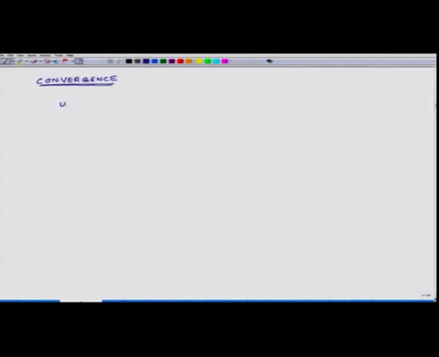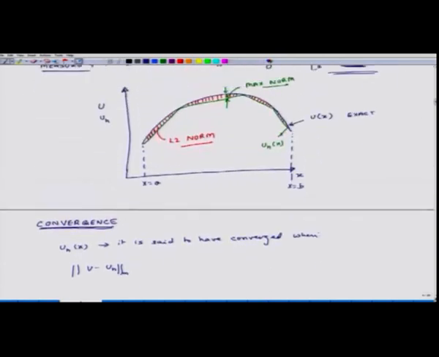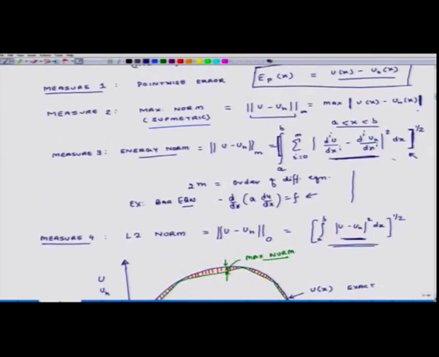Now, in a mathematical sense, the solution u_h(x) is said to have converged when the norm of u minus u_h is less than a number C h to the power of p.